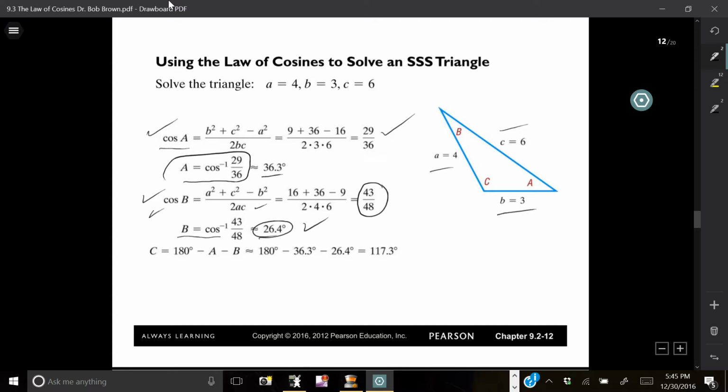Now that you got two of the angles, you can subtract the sum of those two from 180 and get that C is 117.3 degrees. So that's how you solve a side-side-side triangle.